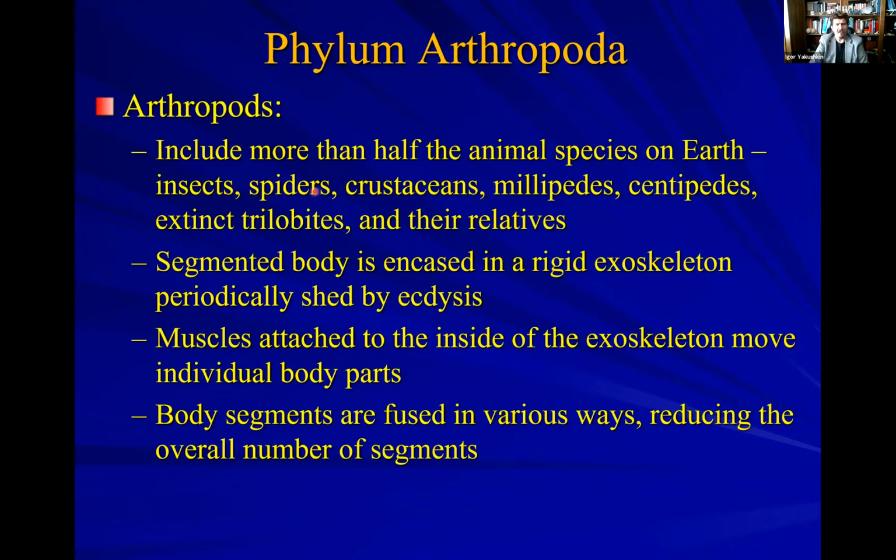The main idea is a segmented body and an exoskeleton. They are not lophotrochozoans, they belong to a different group, same as the roundworms, and they periodically shed by the process known as ecdysis. You've probably seen, maybe not the process itself, but the result of the process. Sometimes I come into my front yard and I see the shell of a cicada, right?